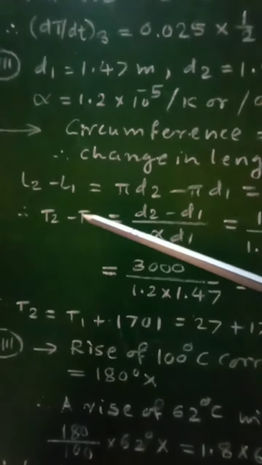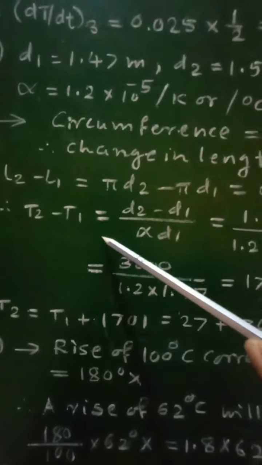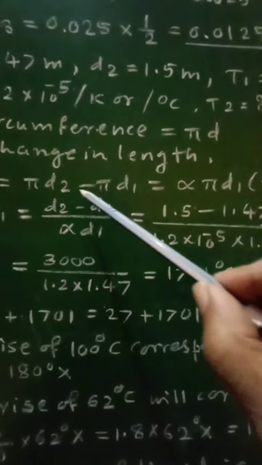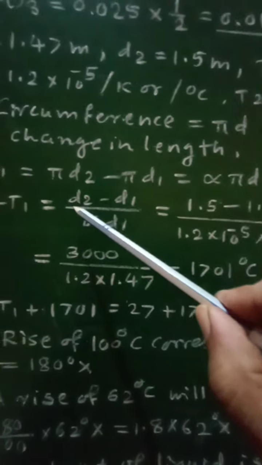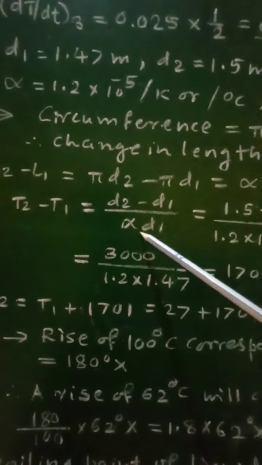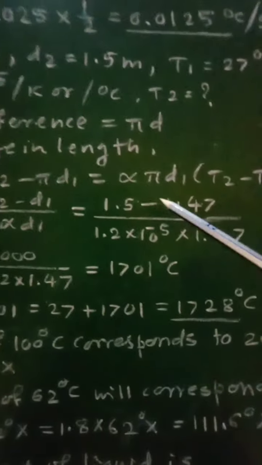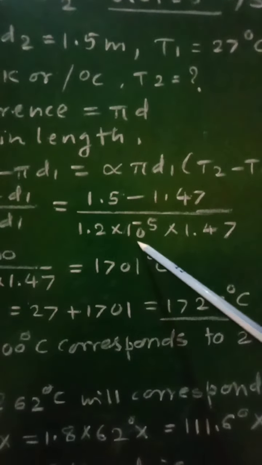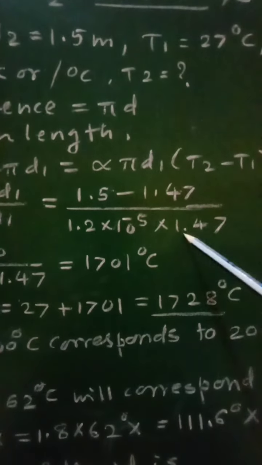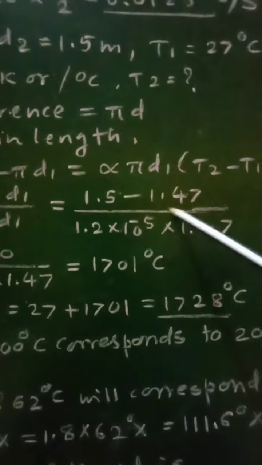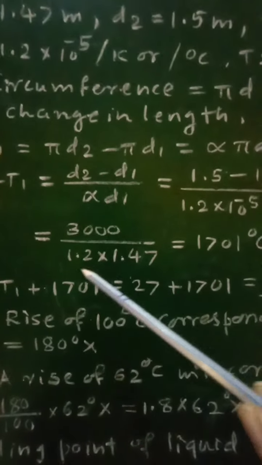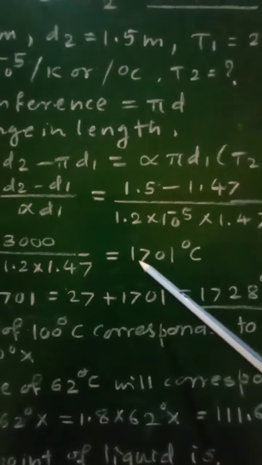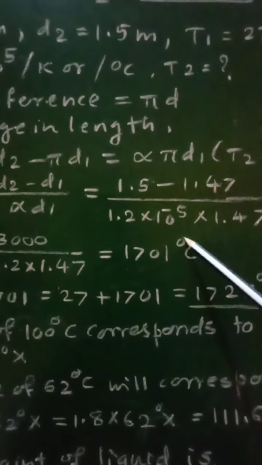From this, the change in temperature, T2 minus T1, will be equal to D2 minus D1 upon alpha D1. Pi gets cancelled on both sides, and we get D2 minus D1 upon alpha D1. Putting the values, we get 1.5 minus 1.47 upon 1.2 into 10 raised to minus 5 into 1.47. Solving this, we get 3000 upon 1.2 into 1.47, which comes out to be 1701 degrees Celsius.